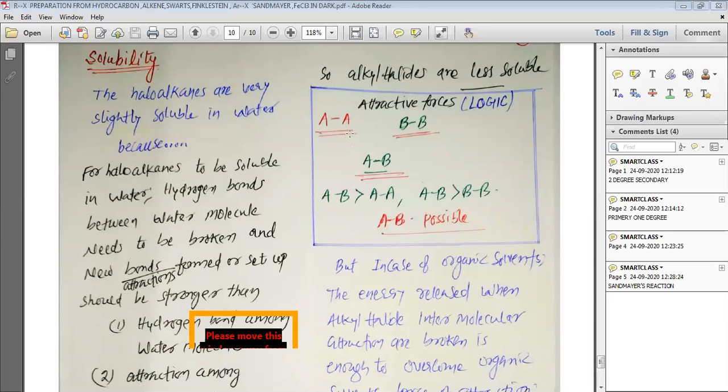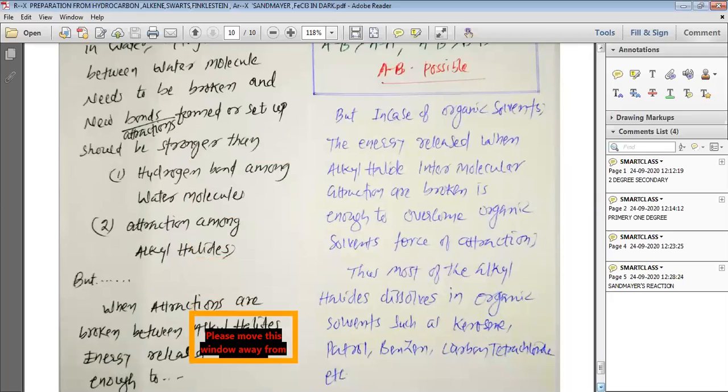So here, if you take AA as alkyl halide and BB as water, the alkyl halide-water interaction is not greater than the hydrogen bonding among water, and that is why the attraction between the water and alkyl halide is not possible, and the alkyl halides are slightly soluble or insoluble in water.